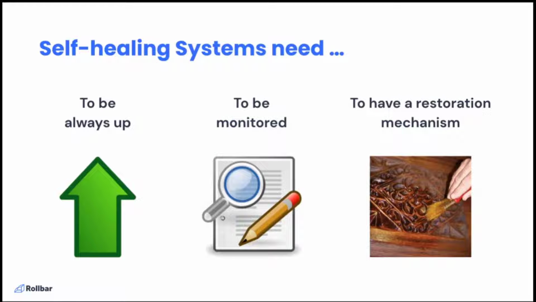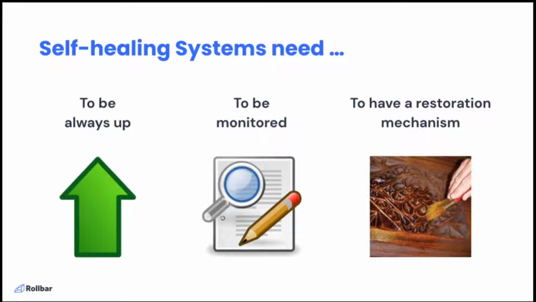So a self-healing system needs a few things. It needs to always be up. If it's not always up, then there's no point in having it self-heal. If it comes down to be fixed, then obviously it's not a self-healing system. It needs to be up and running at all times. It needs to have some way to repair itself without going down. You need to be able to monitor it very closely, because if you don't know that there's a problem, then you can't heal yourself.